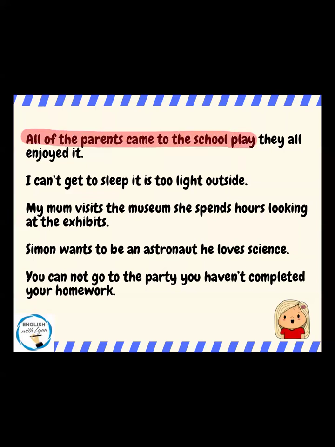So this part here, "all of the parents came to the school play": the subject is parents, and came is the verb. Then my second main clause is "they all enjoyed it". They is the subject, enjoyed is my verb.